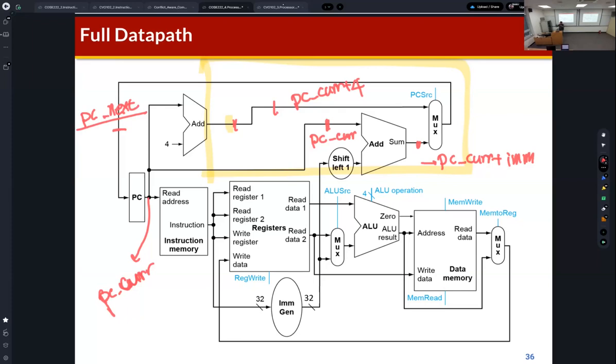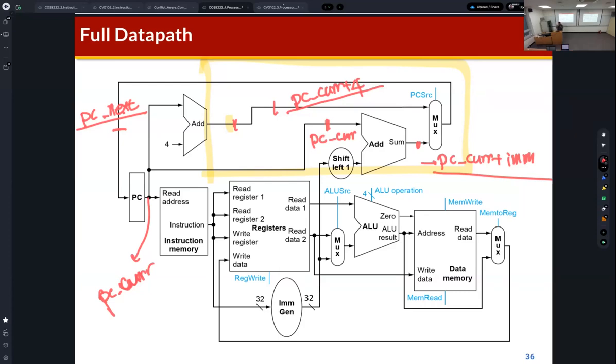PC_next can be PC_curr plus 4, the normal next instruction, or PC_next can be the target of the branch instruction, that is PC_curr plus immediate.